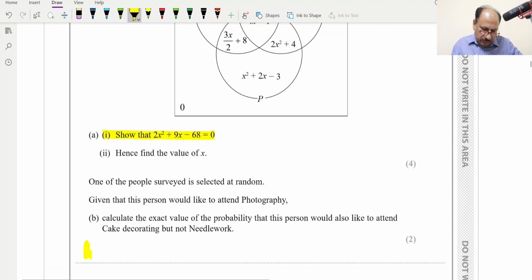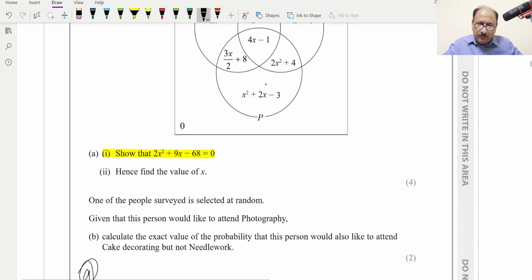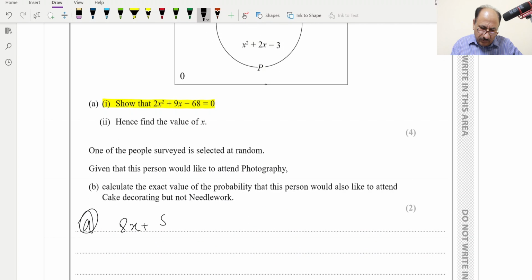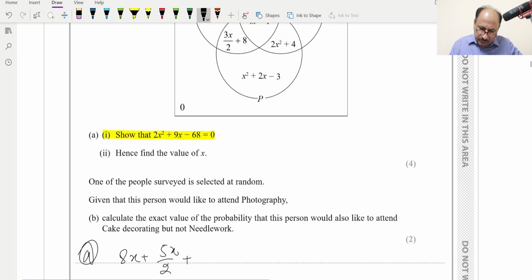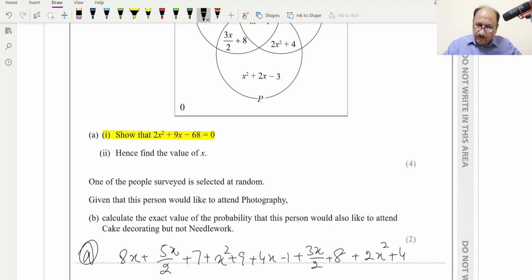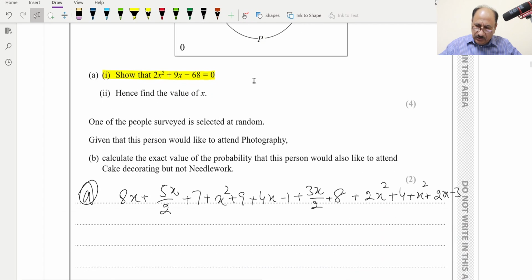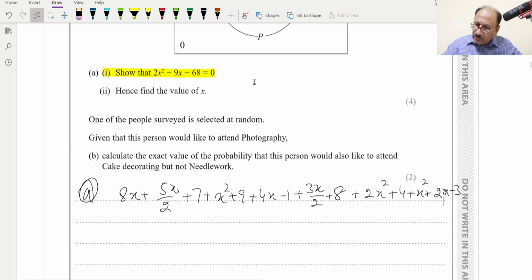So 8x plus 5x over 2, plus 7, plus x squared plus 9, plus 4x minus 1, plus 3x over 2 plus 8, plus 2x squared plus 4, plus x squared plus 2x minus 3, and this is equal to 160.